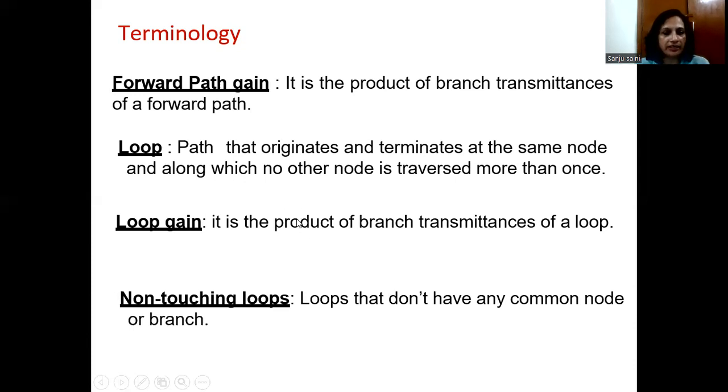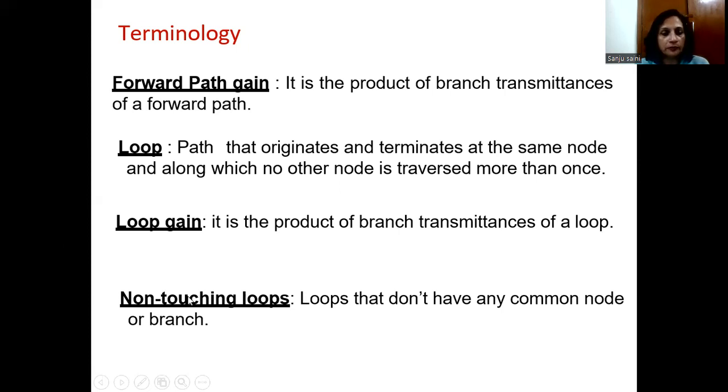So if we start from a particular node and while traveling in the direction of the arrow, we come back to the same node, then we'll say that a loop is traversed. And while forming a loop, whatsoever branches are coming in the path, if we take the product of the transmittances of those branches, then we'll get the loop gain.